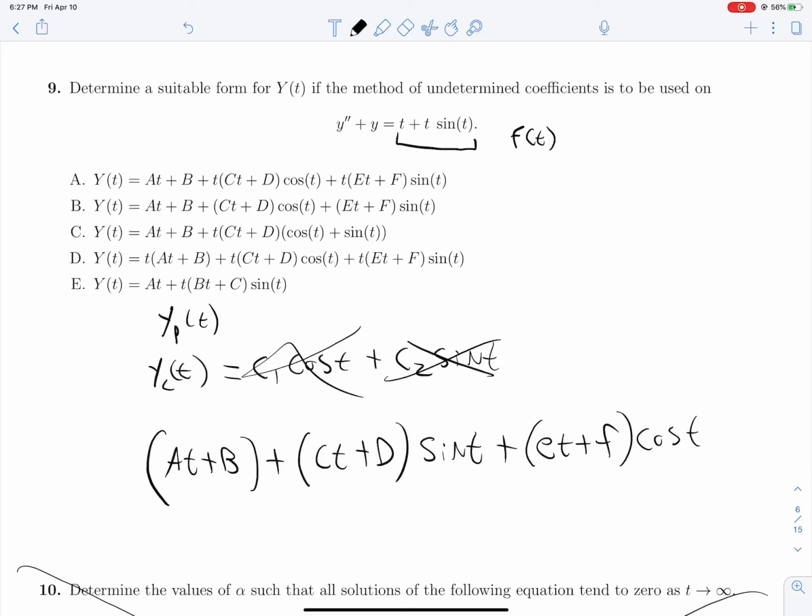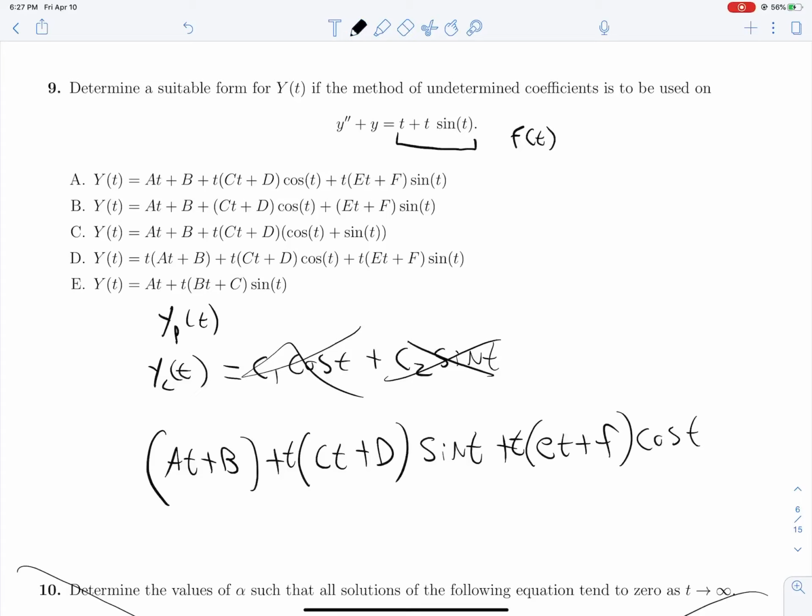But there is a big problem with this in that this ct sine t overlaps with our t sine t up here. So in order to fix this, we're going to have to multiply our sine and cosine portions of the expression by an additional t.